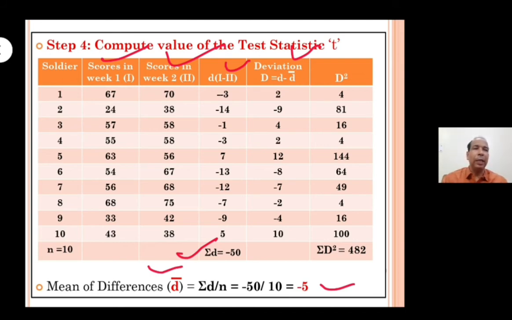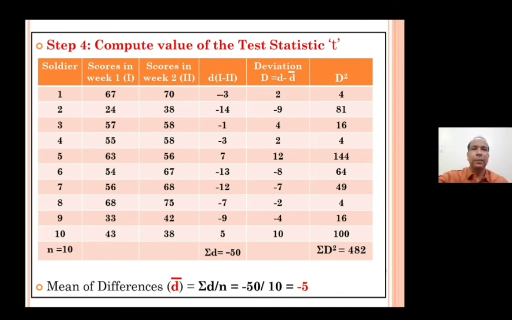Then in the last column we calculate capital D square, the squares of all the values of capital D in column 5. Now we calculate sigma capital D square, and this produces 482 total.